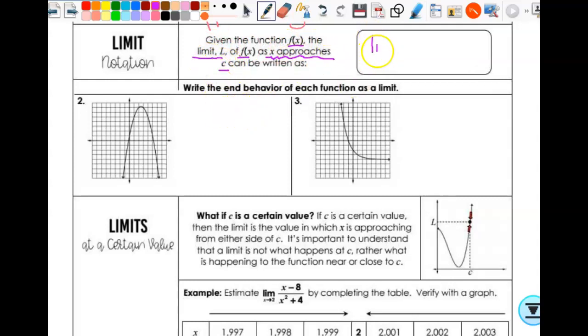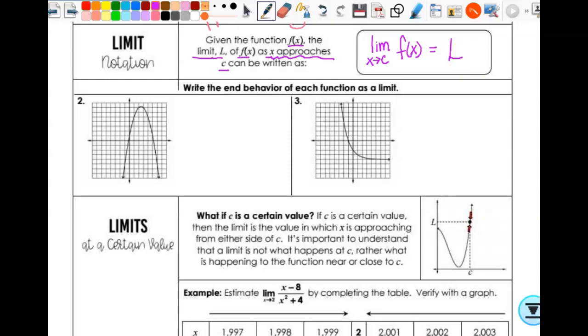This is a lowercase lim. And underneath that we'll have x approaches c. So you read that, the limit as x approaches c of f of x equals L. So L is just the limit, whatever it is.